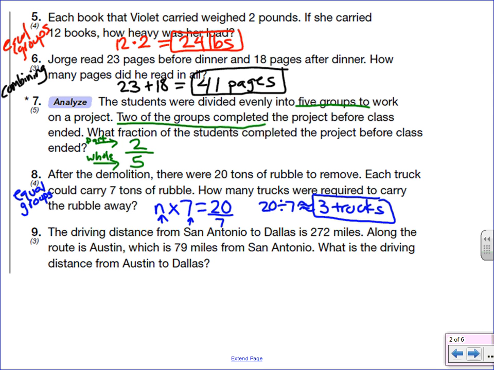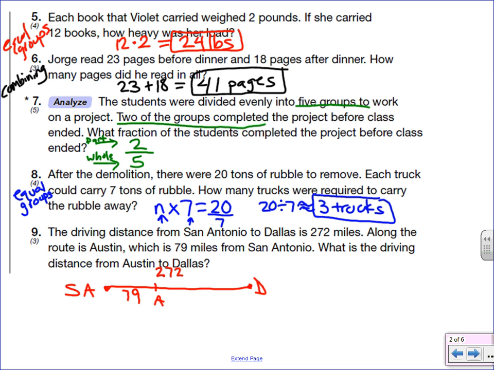The driving distance from San Antonio to Dallas is 272 miles. So we have San Antonio to Dallas is 272. Along the route is Austin, which is 79 miles from San Antonio. So somewhere in here is Austin, and this is 79 miles. What is the driving distance from Austin to Dallas?